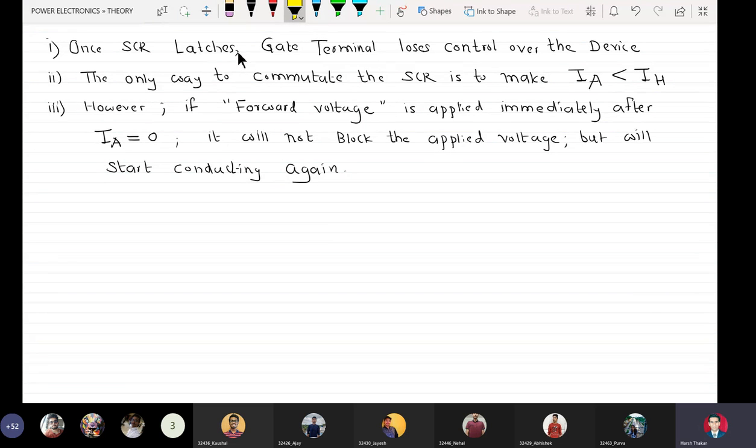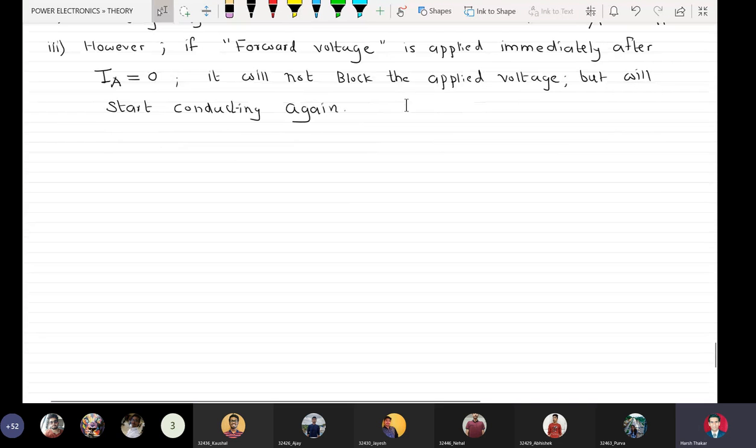That is why we say that the turn off time of an SCR, or of any semiconductor device, is never ever 0, just like turn on time is never equal to 0. To conclude, any semiconductor device takes a finite amount of time to turn on and turn off.